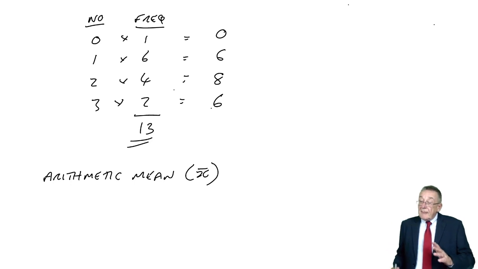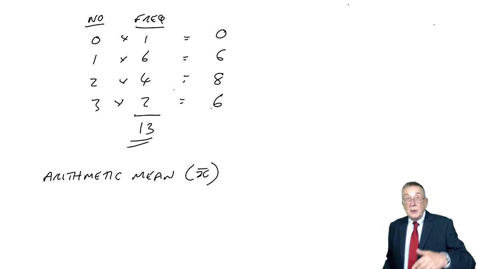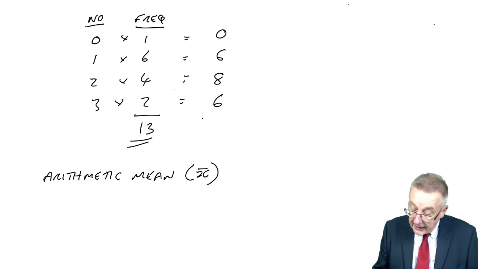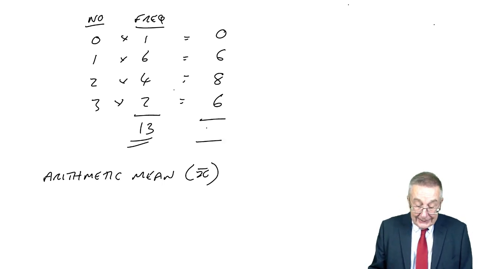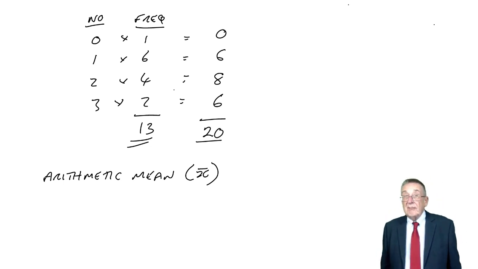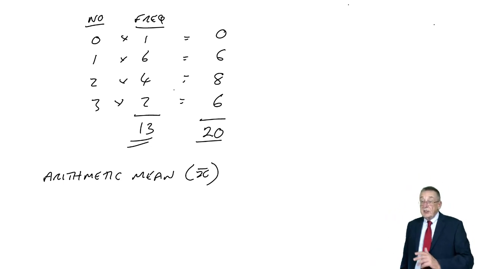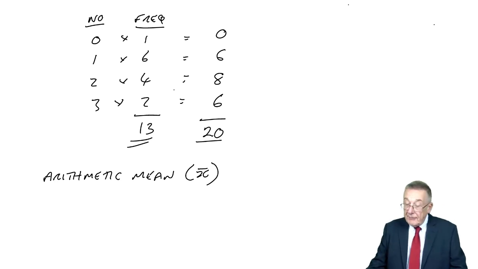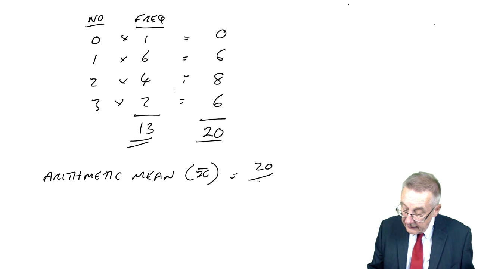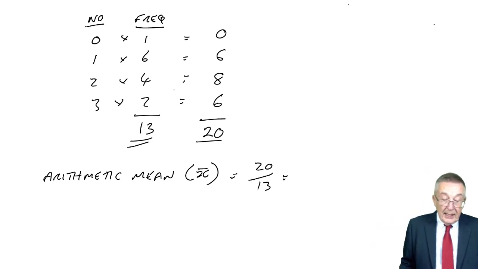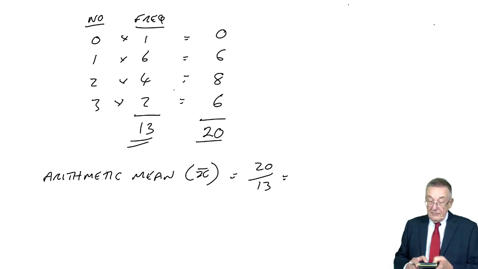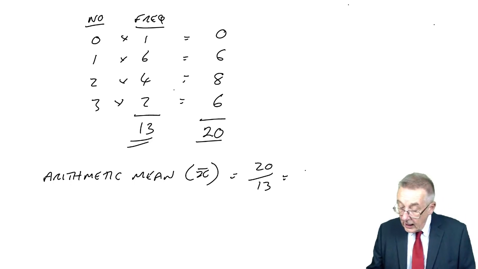And so the total of all of those comes to 20. So that's the total of all the observations. There were 13 of them, and so the average, divide the total by the number, 20 divided by 13, comes to 1.54.